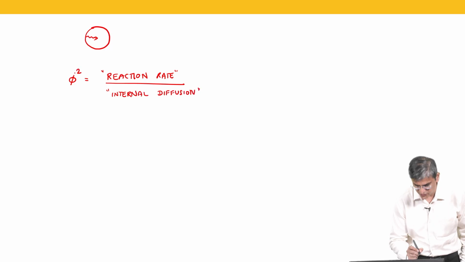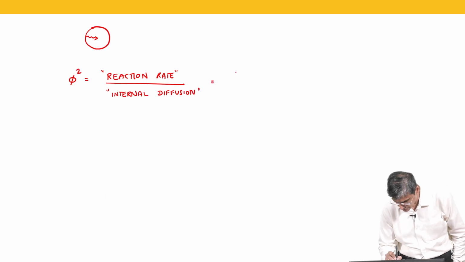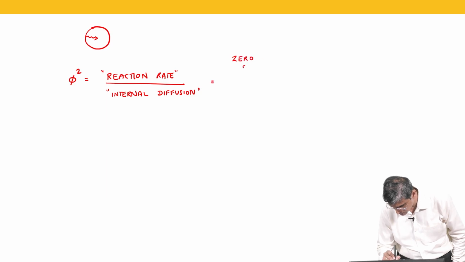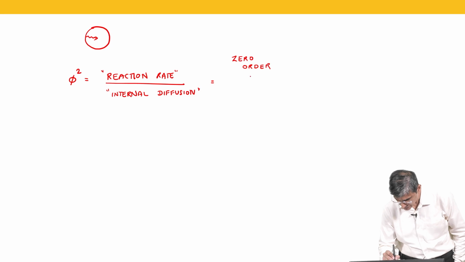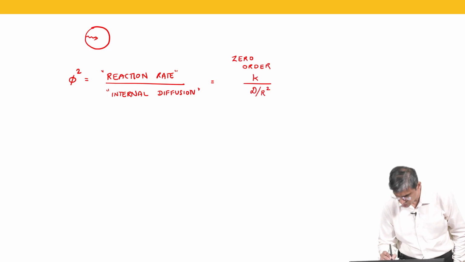Or phi square, for 0 order, is going to be K divided by D by R square.